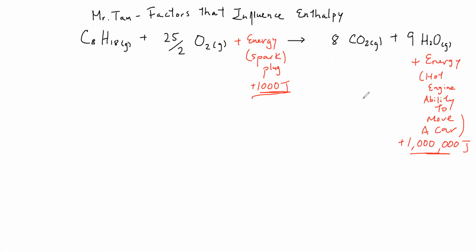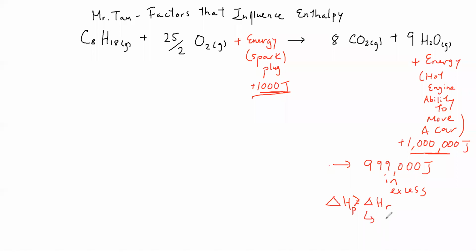So if there's a greater energy on this side, in excess of essentially 999,000 joules in excess, then we know that our change in delta H is greater on the product side than it is on the reactant side.